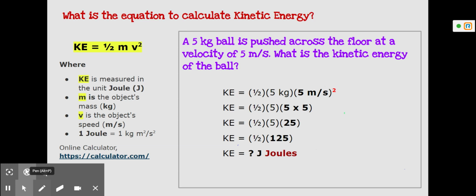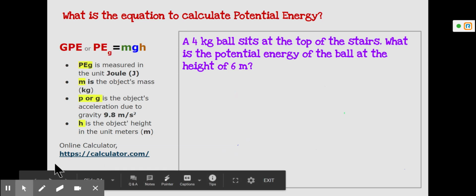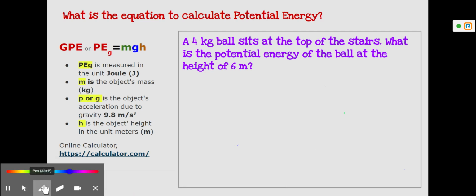All right, let's try another problem. Let's try calculating potential energy. It says a 4-kilogram ball sits at the top of the stairs. What is the potential energy of the ball at the height of 6 meters?